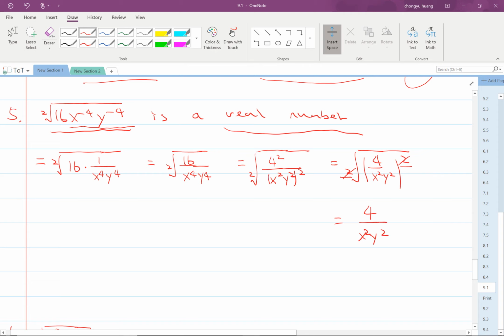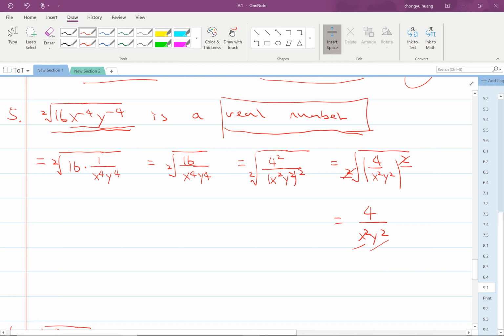So over here the statement says this is going to be a real number, right? As you can see, we have x squared and y squared.